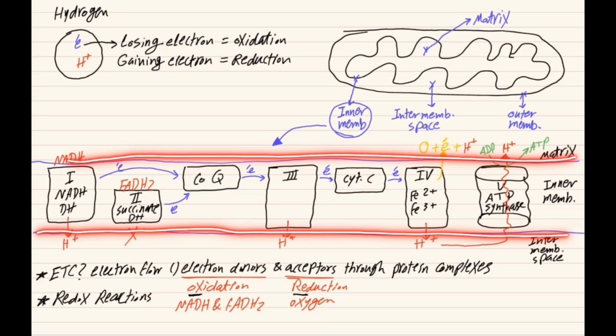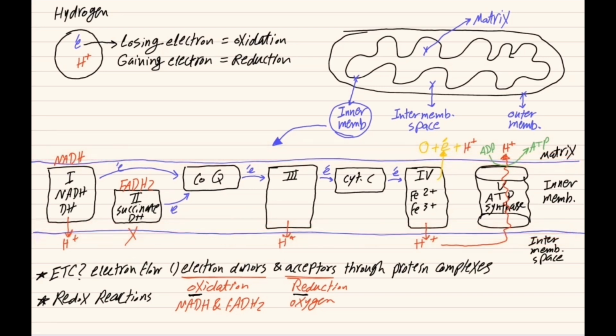The other way that we can enter the chain is through complex 2. Then our donor here is not NADH, but FADH2. And the complex name is succinate dehydrogenase. Remember from the Krebs cycle, it's the same enzyme.